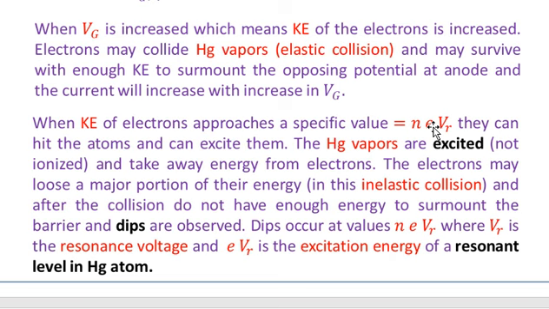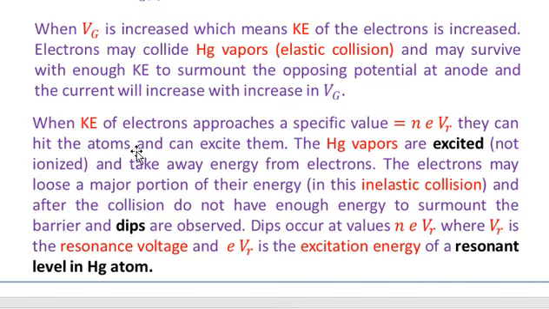So from the wavelength of light and from the energy imparted by the electrons, you can find out the energy of the discrete level by measuring the absorption or the emission spectrum from the light emitted during the de-excitation of the excited mercury atoms.